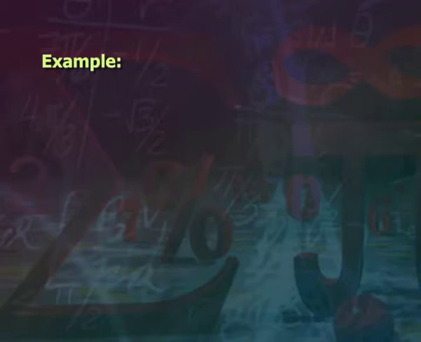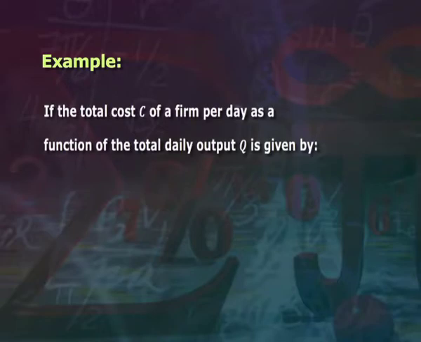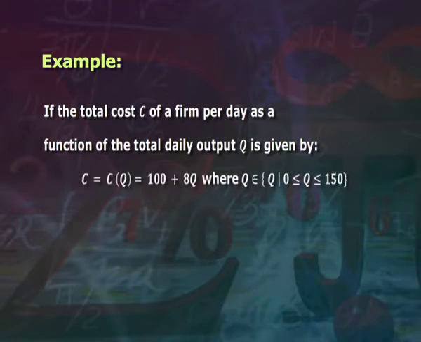As an example, suppose the total cost C of a firm per day as a function of the total daily output Q is given by C equal to C(Q), which is equal to 100 plus 8Q, where Q is in the set of Q such that 0 is less than or equal to Q is less than or equal to 150.